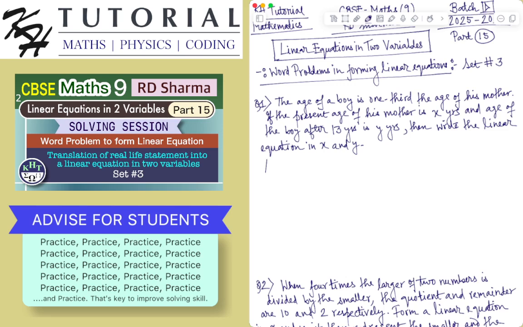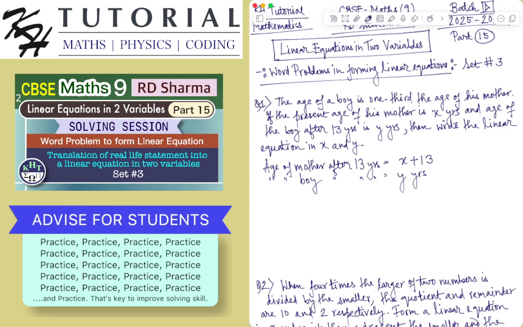So the age of mother after 13 years will be x plus 13, and we know the age of the boy after 13 years is y years. That is what the variable y is representing, the age of the boy after 13 years.